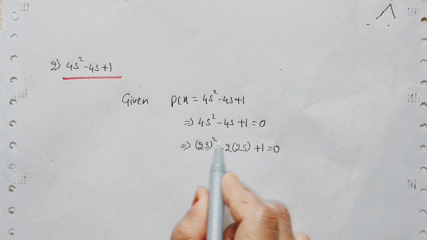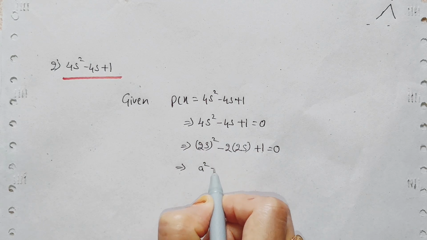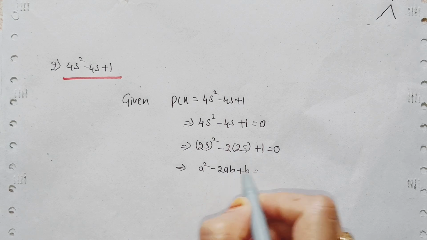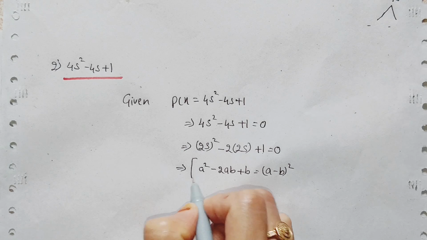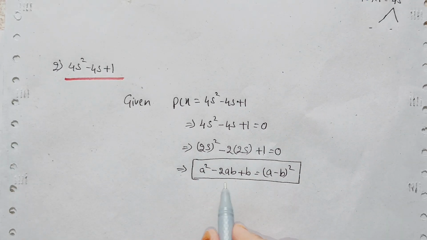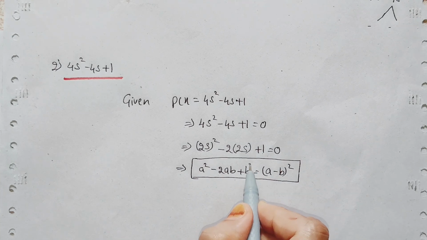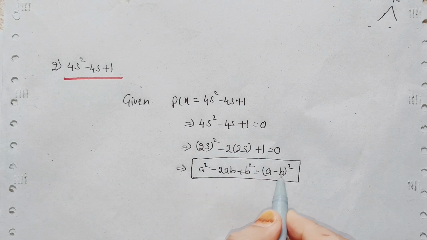If you see this clearly, this is in the form of a square minus 2ab plus b square, which is the formula of a minus b whole square. Okay, do you get this formula? Do you remember this formula? The a minus b whole square formula is a square minus 2ab plus b square.